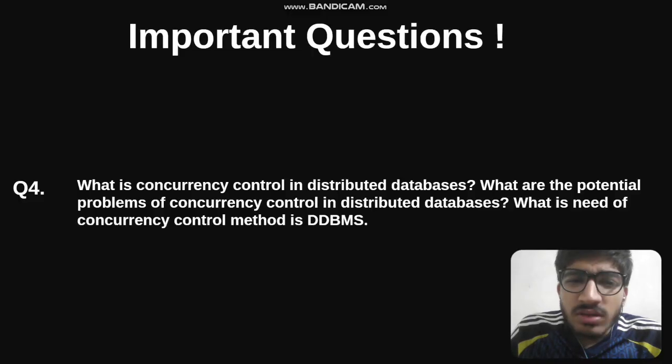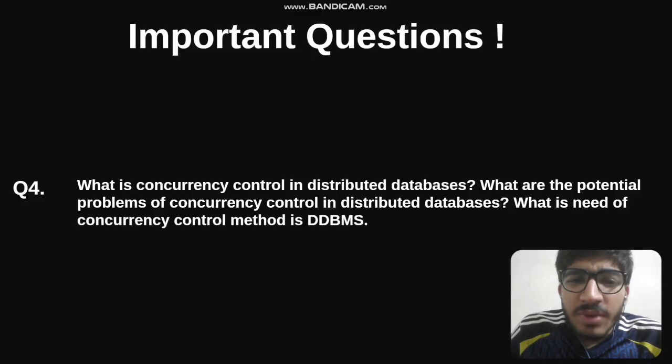Why is concurrency control needed in DDBMS? The necessity of concurrency control in a DDBMS is to safeguard the ACID properties, that is atomicity, consistency, isolation and durability, in a multi-user, multi-site environment.